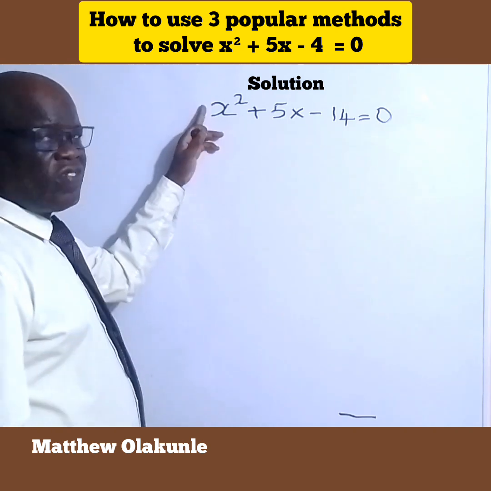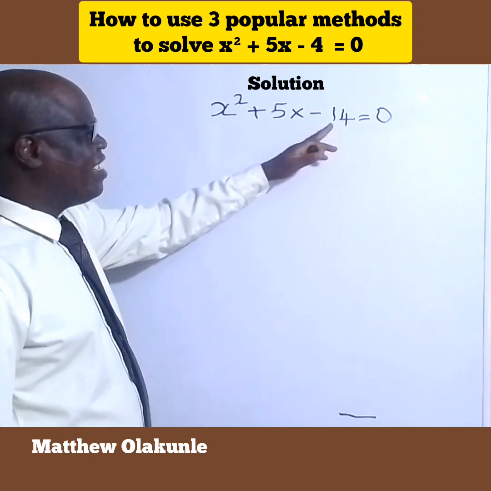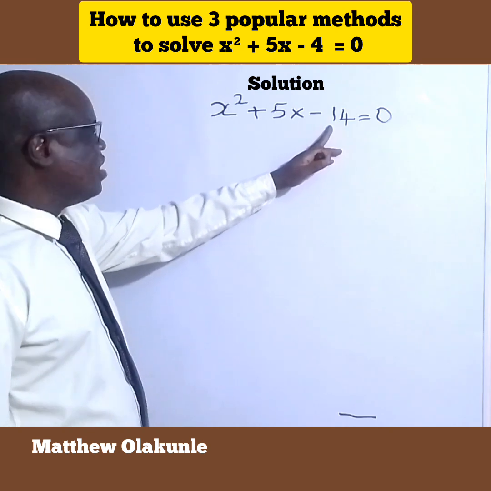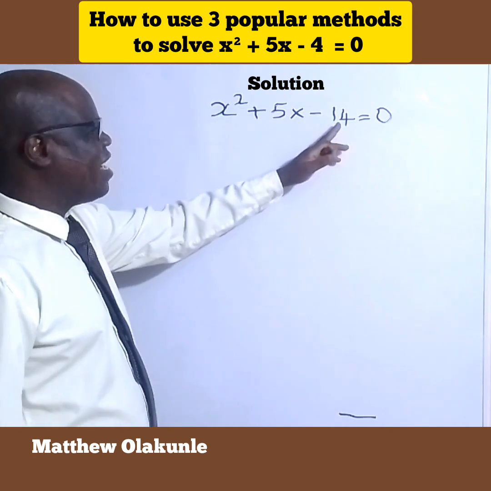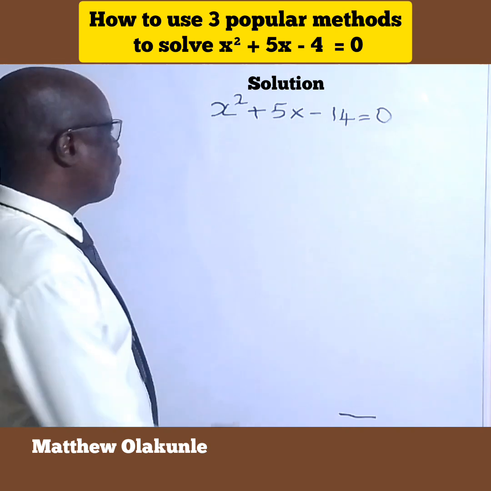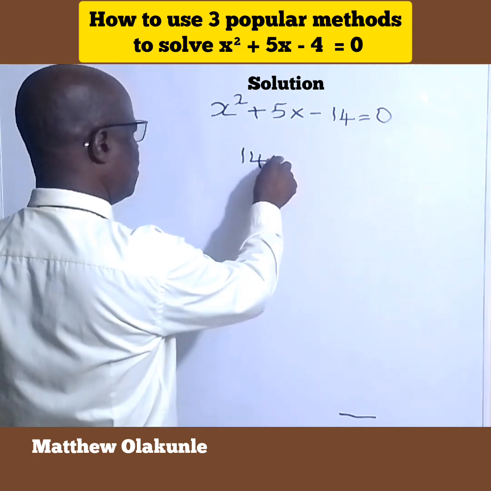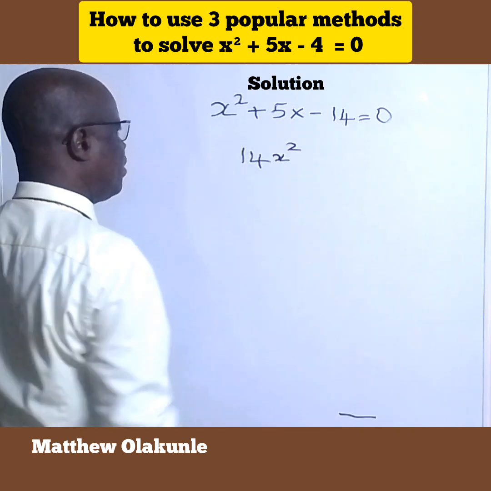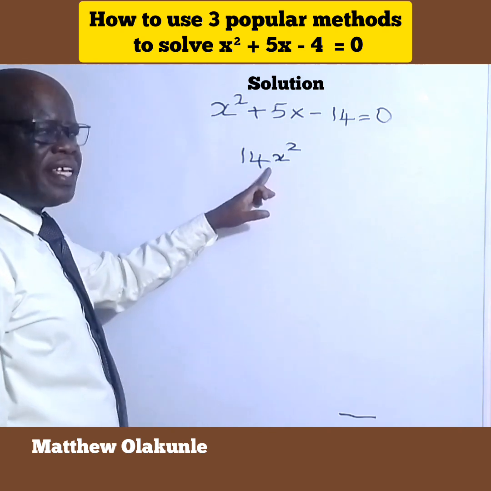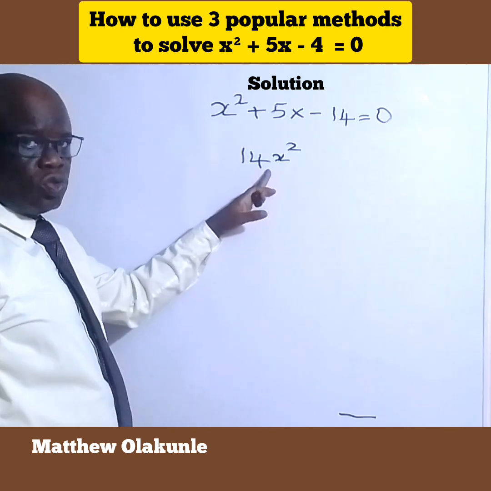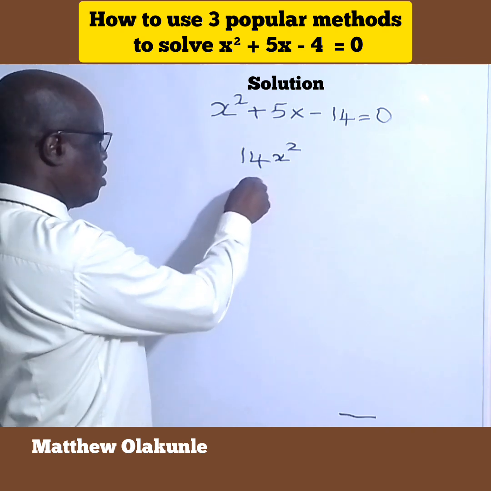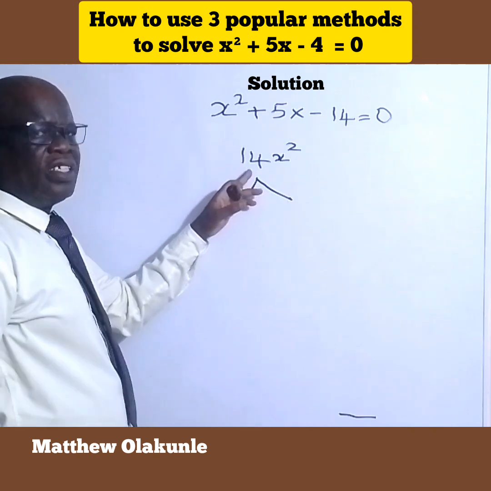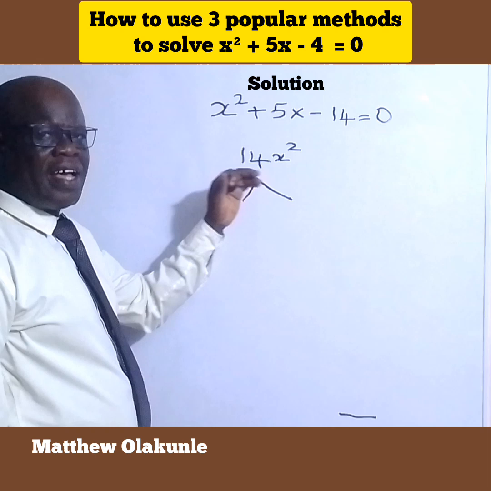Now, the coefficient here is 1, and then the constant here is minus 14. Multiply this one by 14. You have 14x squared. Now, you can break this 14x squared into 2x multiplied by 7x.